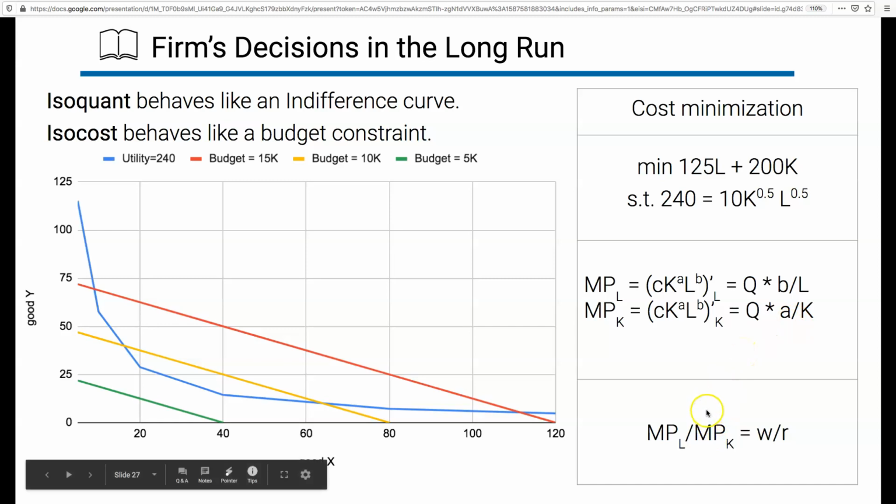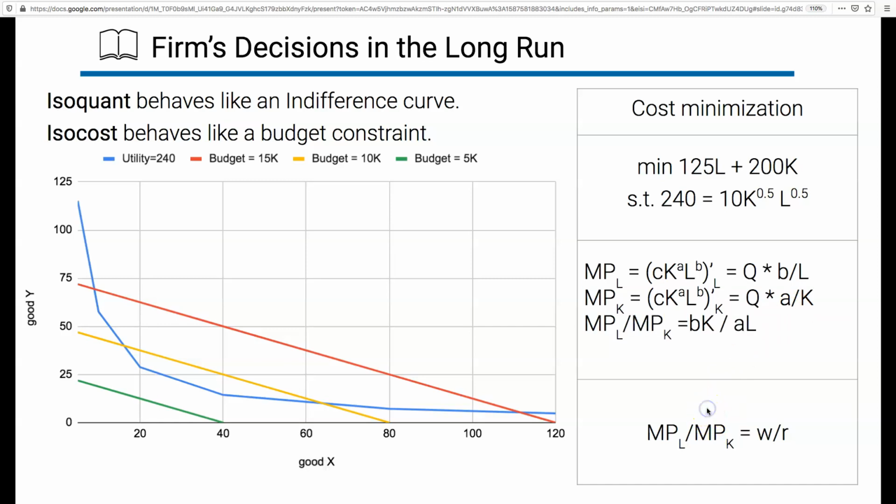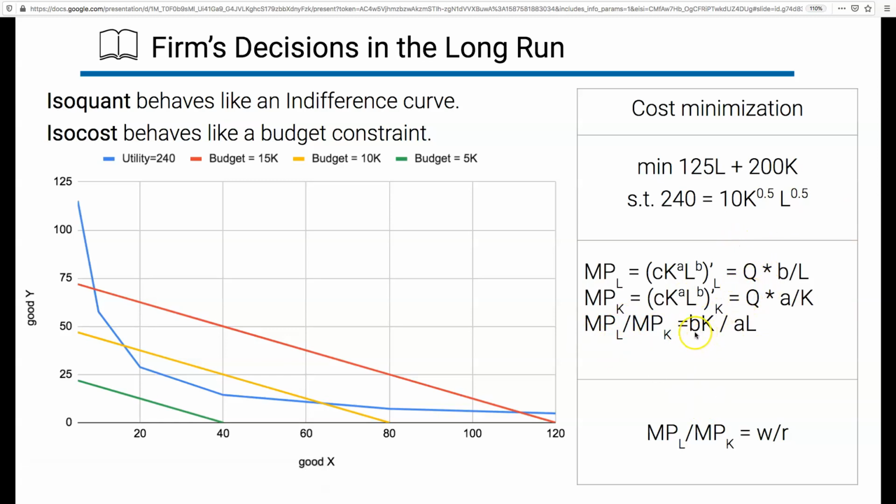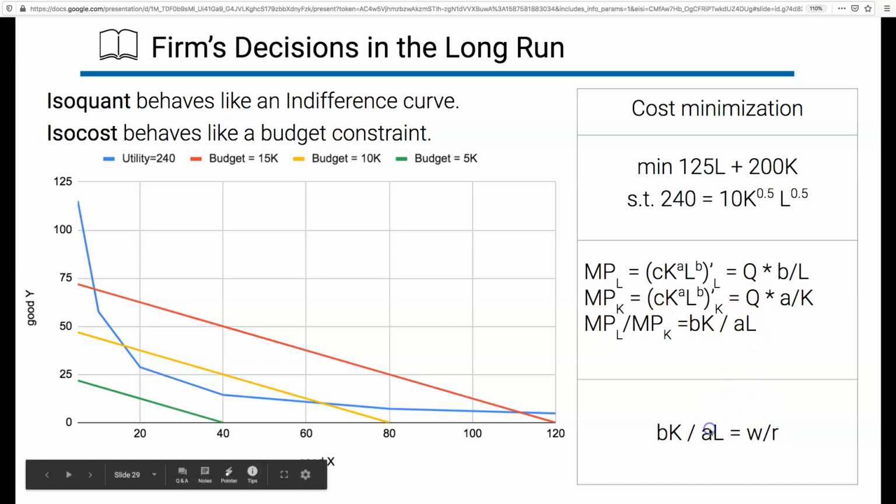And so then our condition can be simplified to the ratio of the two, since Q's cancel each other out, is equal to B times K divided by A times L. And we can take this ratio, plug it into the optimal condition, so we'll get B times K divided by A times L equals the price ratio for the inputs. And then let's take the next step.